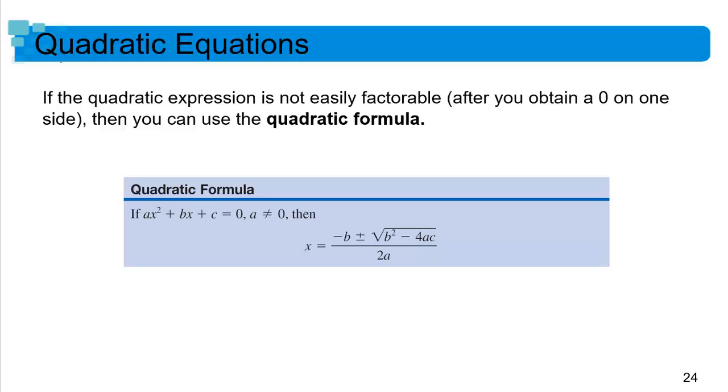So for instance, if your original function, let's say, was 3x squared minus 5x plus 7, you have to remember that a equals 3, that's pretty easy, but b equals negative 5, right, because of this negative here. And then c equals 7.